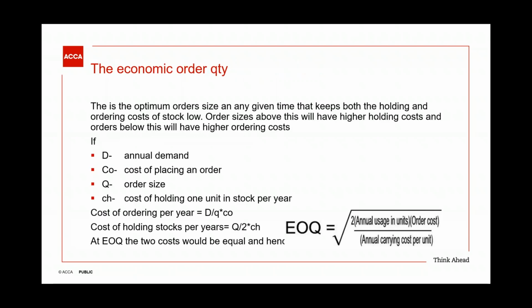So your EOQ, what is your EOQ? It is an optimum order size to be placed at a given time, which minimizes both your holding and the ordering cost of stocks per annum. Again, it's a model based on several restrictive assumptions.